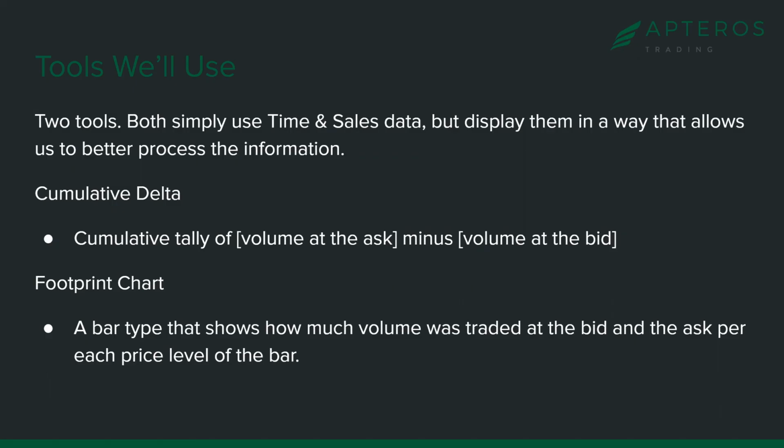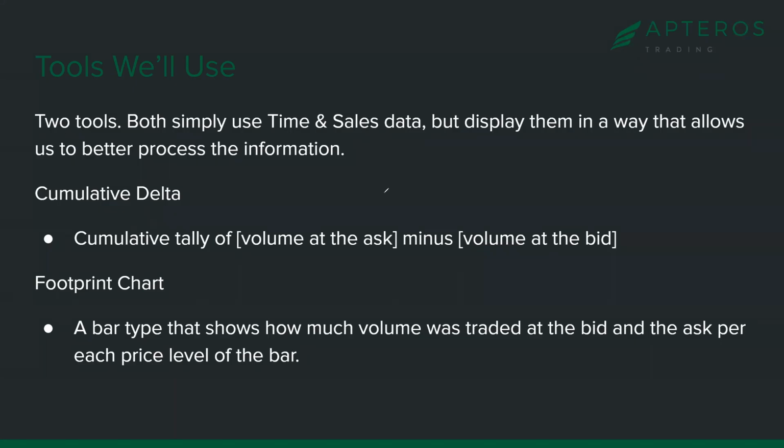Cumulative just means it's a running tally rather than just maybe a bar by bar reading, which resets at 0 each bar, right? That's all it is. Instead of staring at the time and sales and seeing whether it's a red or blue line because it's at the bid or the ask, this is saying how much volume was traded.